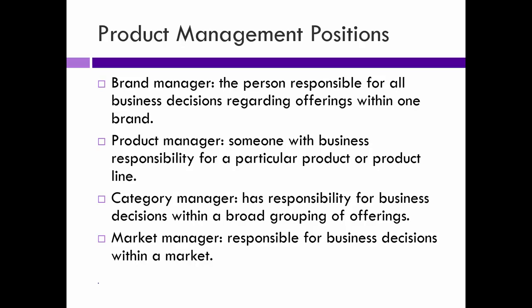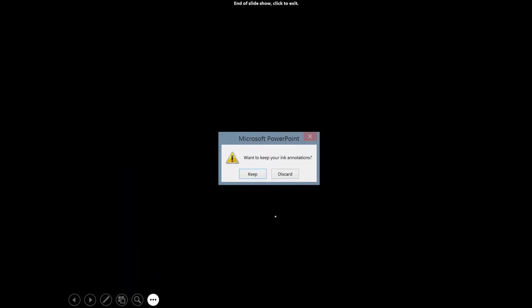The category manager might be a little bit broader, with different groupings of offerings, and then the market manager might be within a specific market. So it might be for a product, or it might be a geographic region or something like that. Those would be the types of positions you would see. And I think that is it for chapter, what are we on? 6, chapter 6.